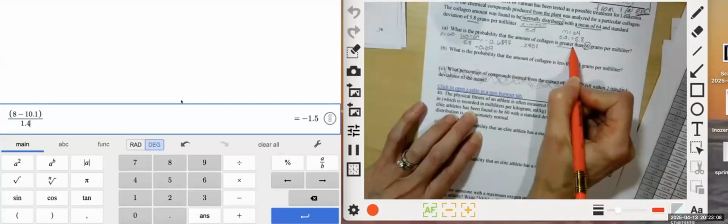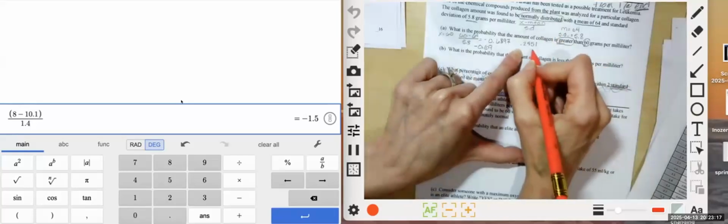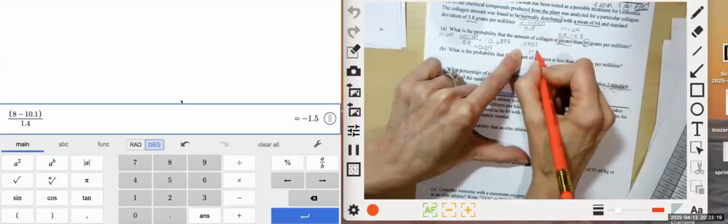Okay, and this one did ask for greater. So once I found the decimal equivalent inside, now I can do 1 minus that number.